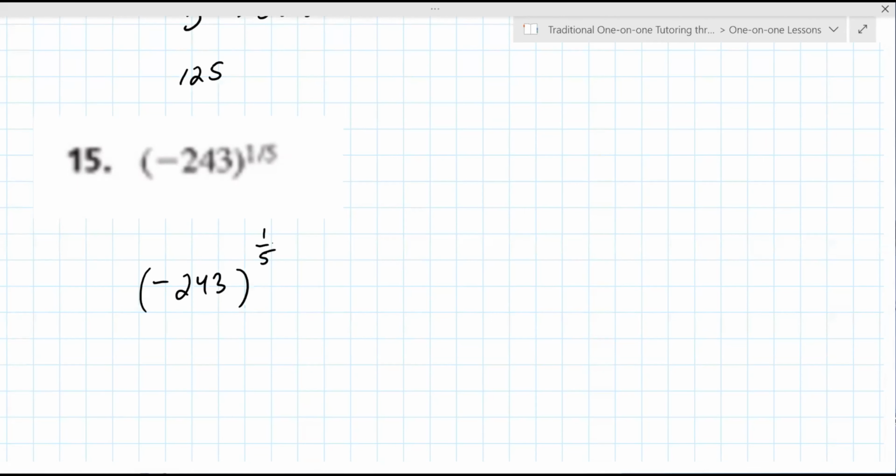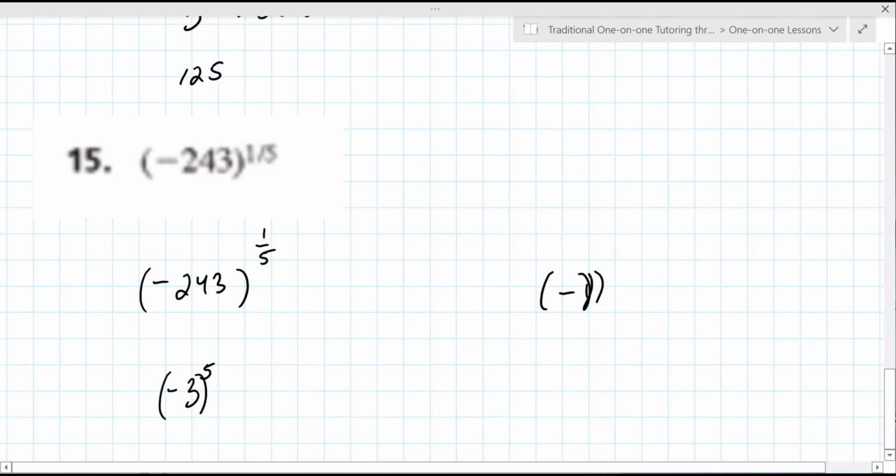It's 3 to the power of 5. Yeah, now that gets you the 243. The question is where does this negative come in? And this is my preference, is to put it in parentheses like that. Because like I mentioned before, a negative to an odd power always gets you back a negative.